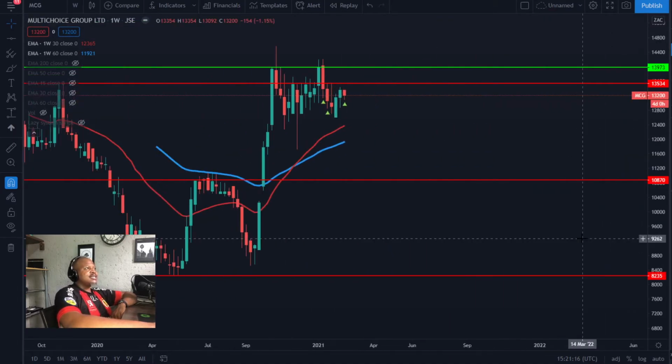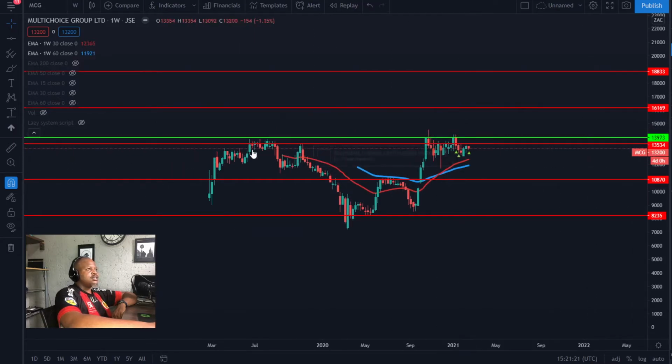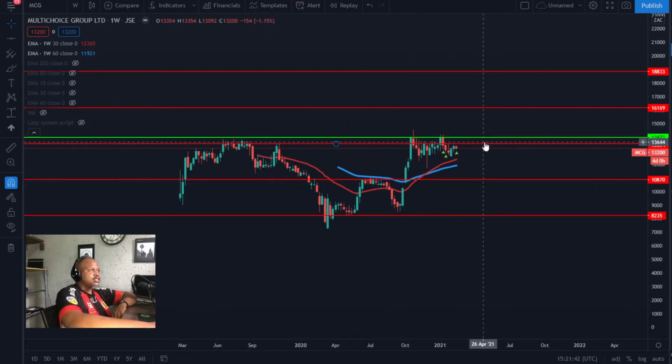Next on the list is MultiChoice. As you can see, it's relatively new in the market, so this box theory applies very seldom on MultiChoice, but there are two ranges that have clearly been defined on the stock using a similar process: support, resistance, placing them on top of each other.